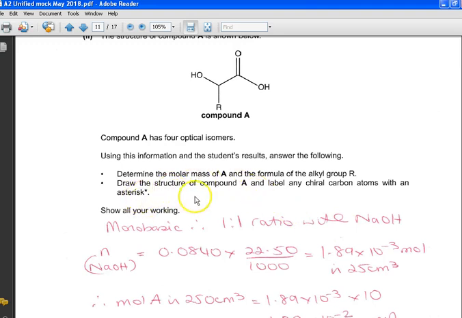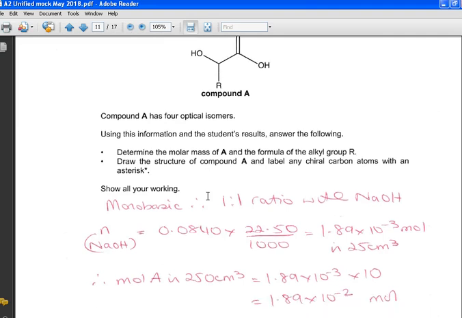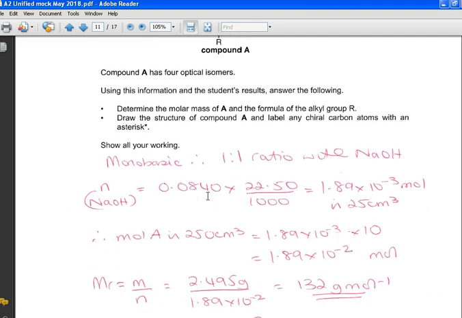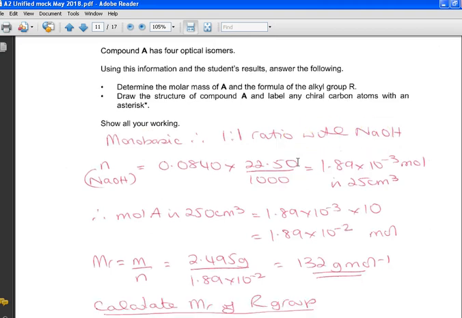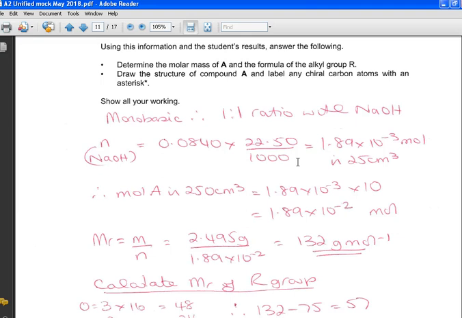We're asked to determine the molar mass of A, and hence the formula of the alkyl group, and then to draw the compound and label any chiral carbons. We know that there must be 2 of them, otherwise we wouldn't have 4 optical isomers. It's monobasic, so that means it's a 1-to-1 ratio with NaOH. If you can work out your moles of sodium hydroxide, you know your moles of acid.